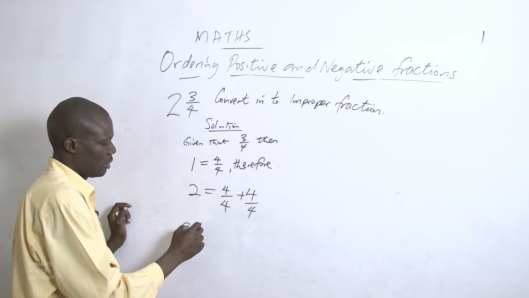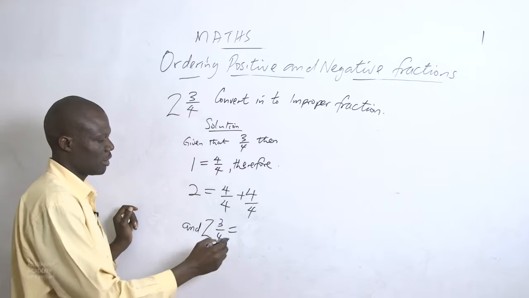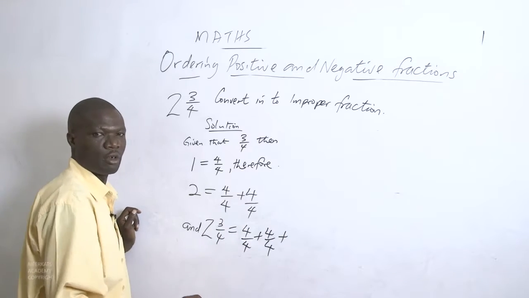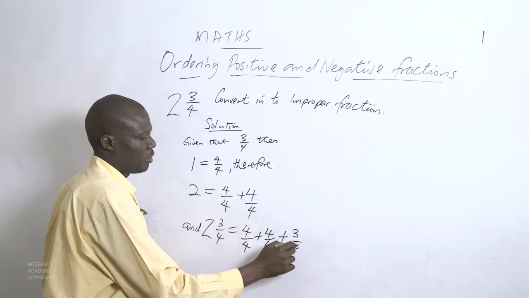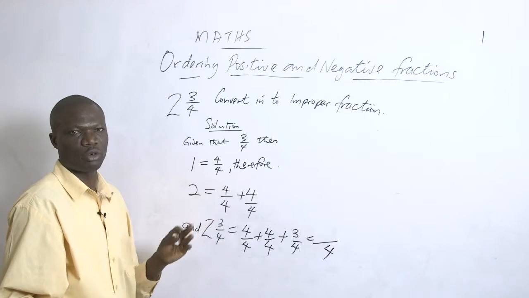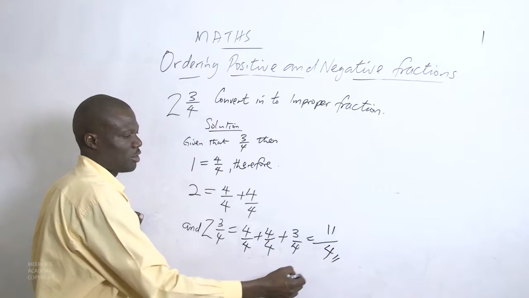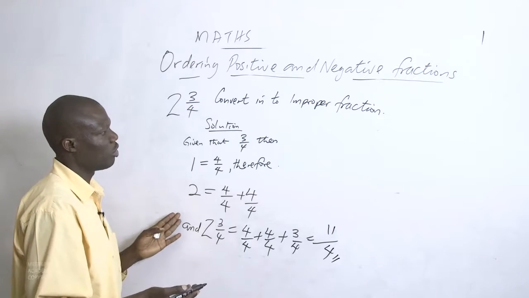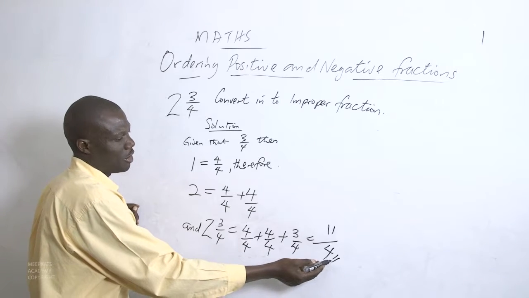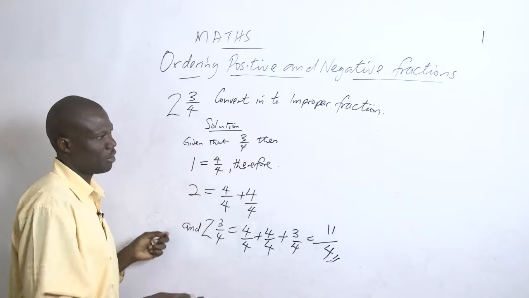And 2 and 3 over 4 will be the same as 4 over 4 plus 4 over 4 plus 3 over 4. The denominator is the same, so it remains 4. 4 plus 4 is 8, 8 plus 3 is 11. So we have converted 2 and 3/4 into the improper fraction 11 over 4.